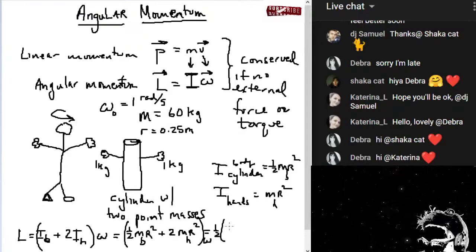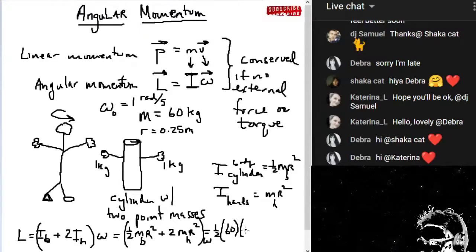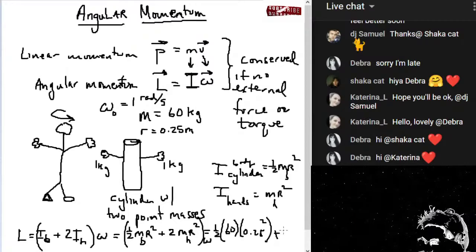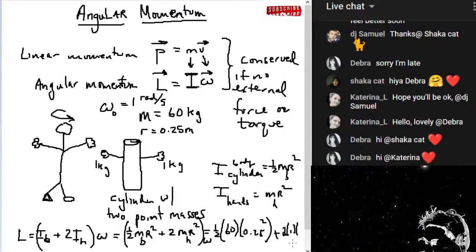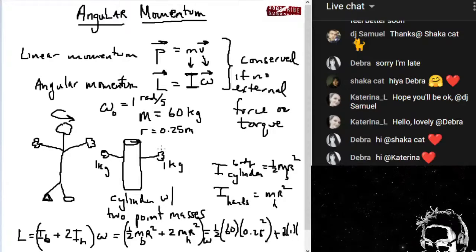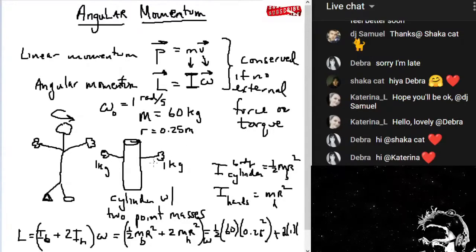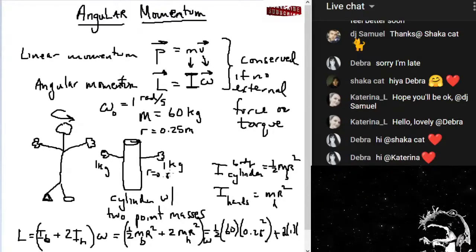So 1/2 of the mass of the body, 60, times 0.25 squared, plus 2 times 1 kilogram times, how far are they out? Let's say 0.5. So r in this is 0.5 meters.